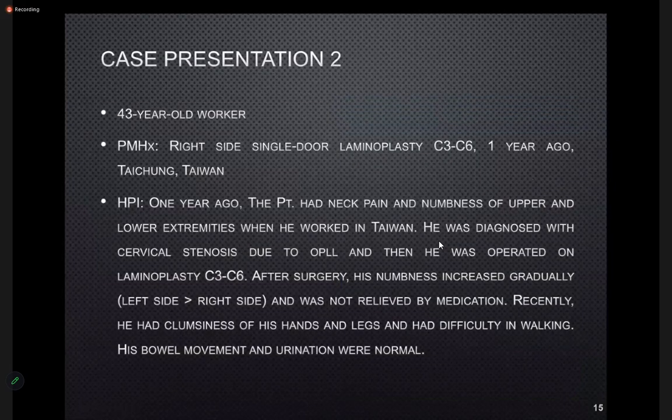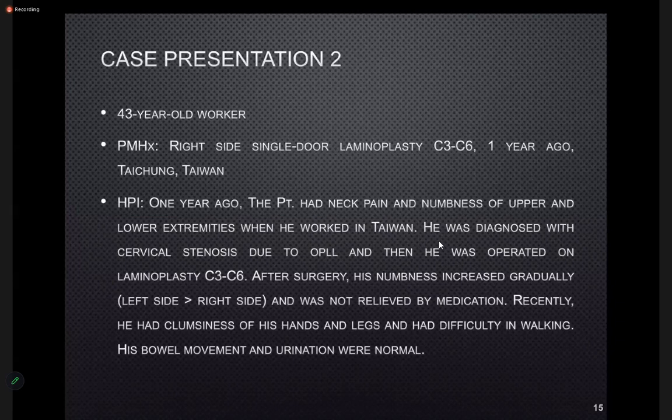And this is the second case. This is a 43-year-old worker. He has a history of right side single door laminoplasty C3 to C6 1 year ago in Taiwan. One year ago, the patient had neck pain and numbness of upper and lower extremities when he worked in Taiwan.